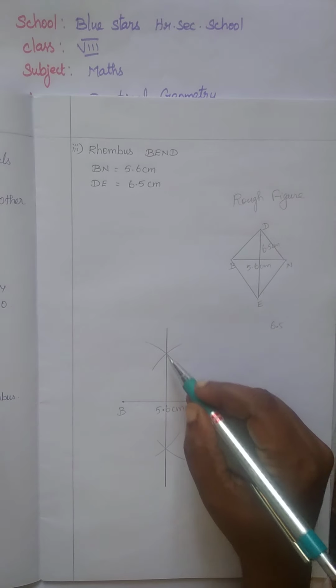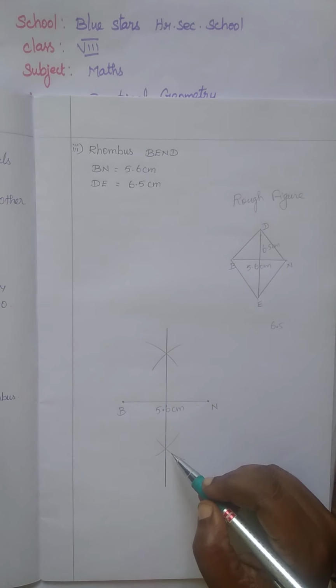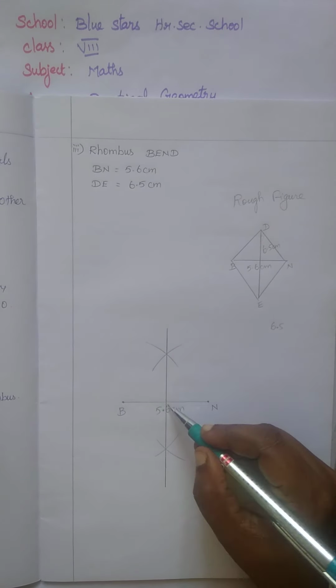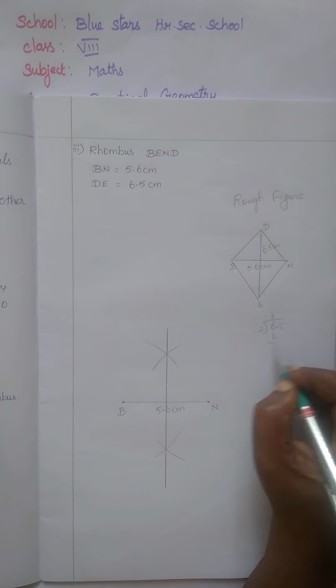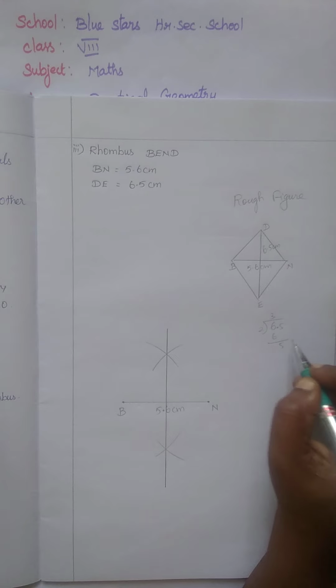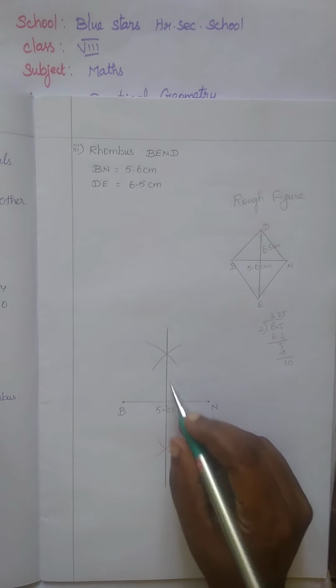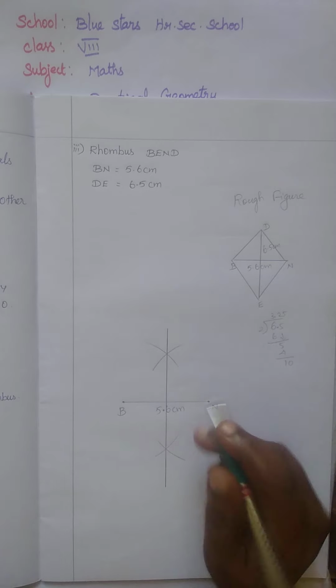Because the total length should be 6.5, half should be above and half below. So 6.5 divided by 2: 3 twos are 6, then 5, 2 twos are 4, remaining 1, so 3.25. Above 3.25, below 3.25.